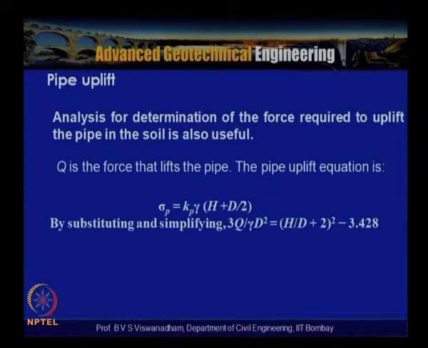The pipe uplift equation is sigma p is equal to Kp gamma into h plus d by 2, and by substituting and simplifying, we can write 3q by gamma d square is equal to h by d plus 2 whole square minus 3.428.